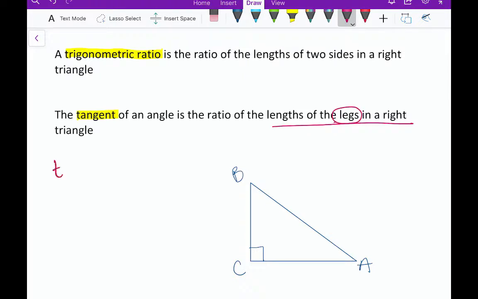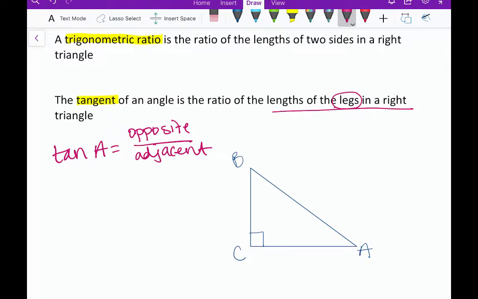The tangent of an angle is going to be equal to the length of the opposite side over the length of the adjacent side. So in this triangle, the tangent of angle A is going to be equal to BC over CA.